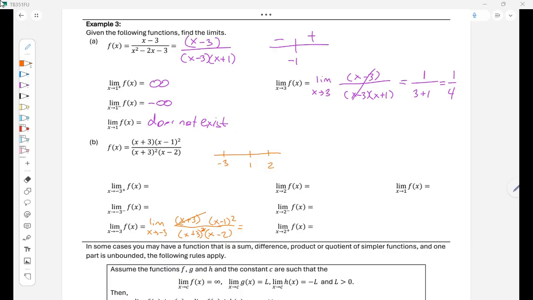Just like we did yesterday, we'll start on the numerator. The numerator is x minus 1, but squared. We'll talk about this in a minute, but from a making-the-sign-chart perspective, any number less than 1 is going to make x minus 1 negative. Any number bigger than 1 is going to make x minus 1 positive.